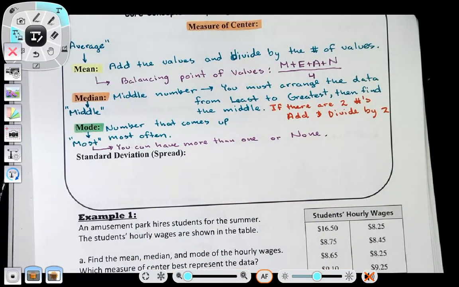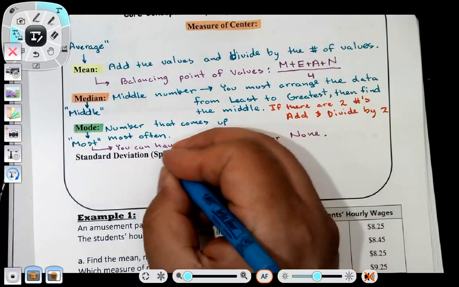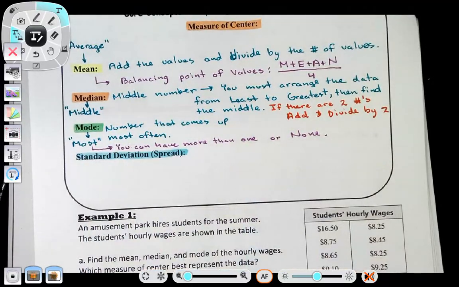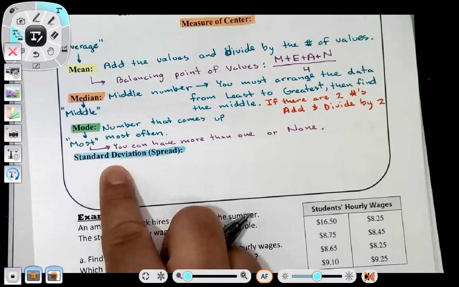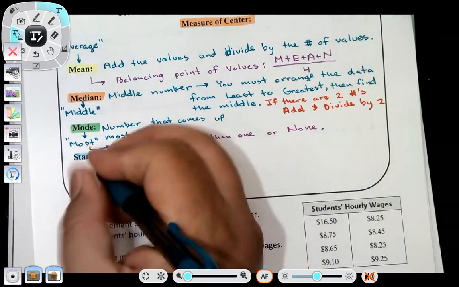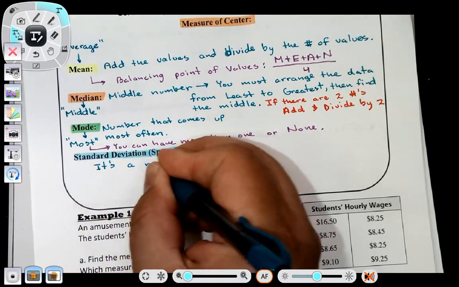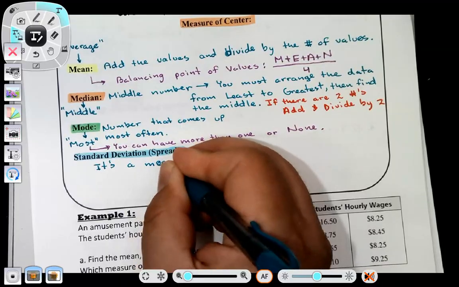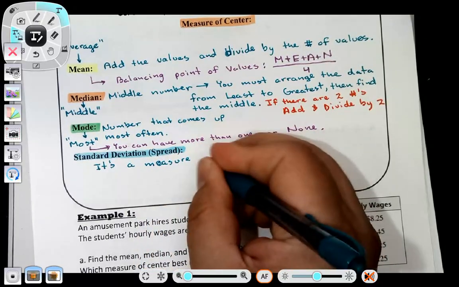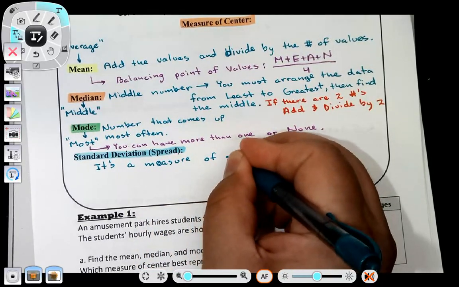And then, of course, we have what they call standard deviation, aka the spread of data. And so the only thing that we're going to do with standard deviation, this is probably the most complicated one, but we're not going to get too into it, so it won't be too bad. But when they talk about standard deviation, it is a measure of spread.